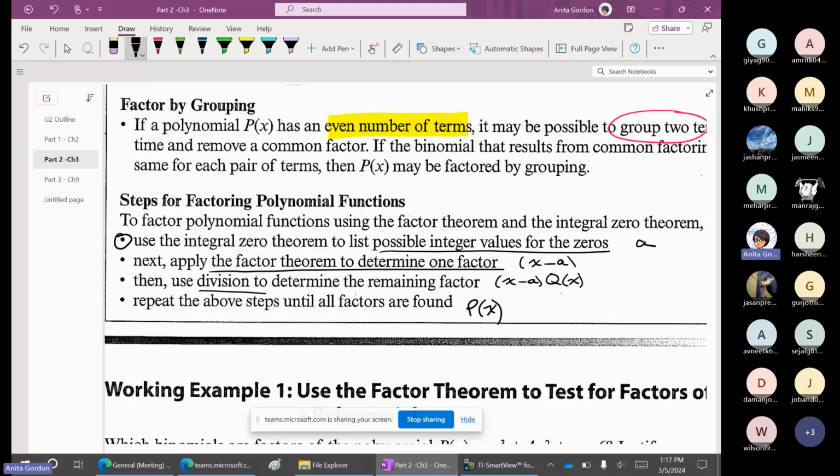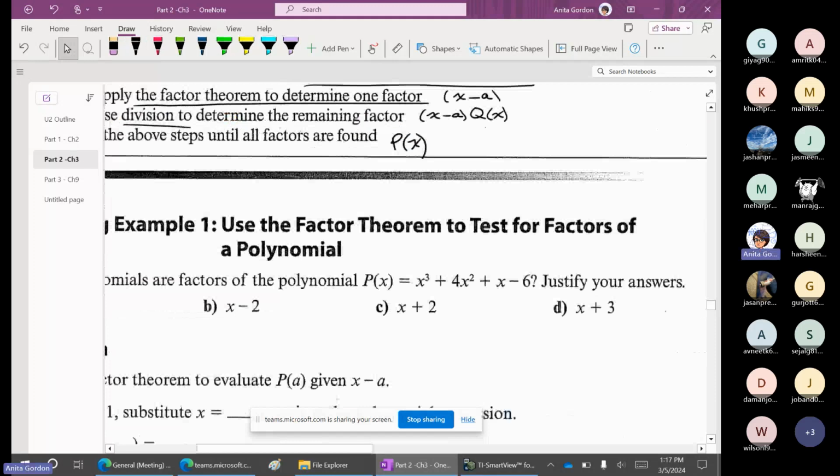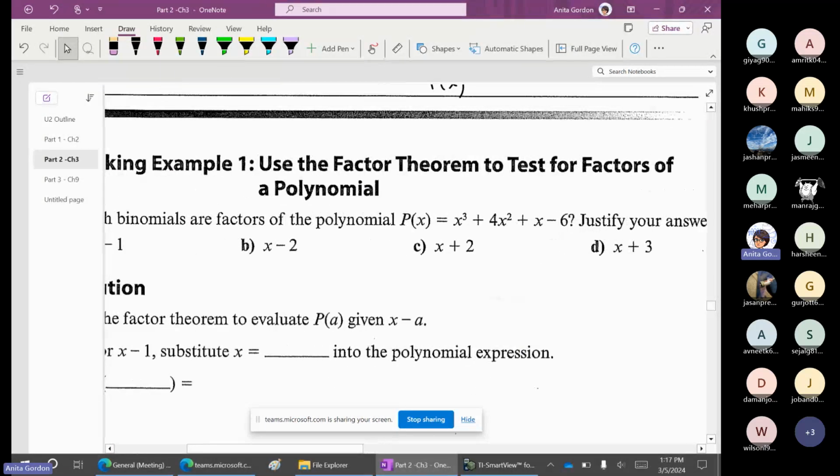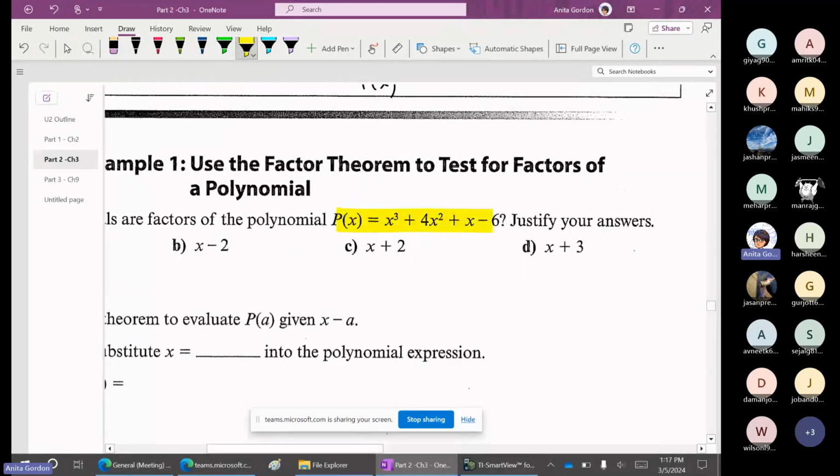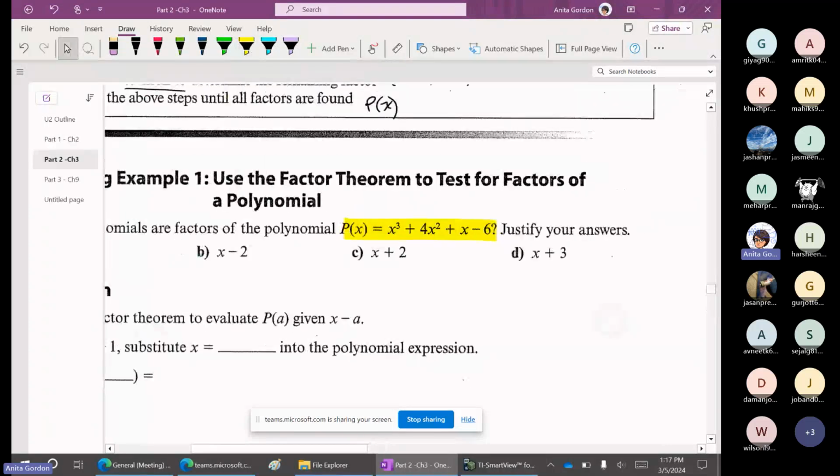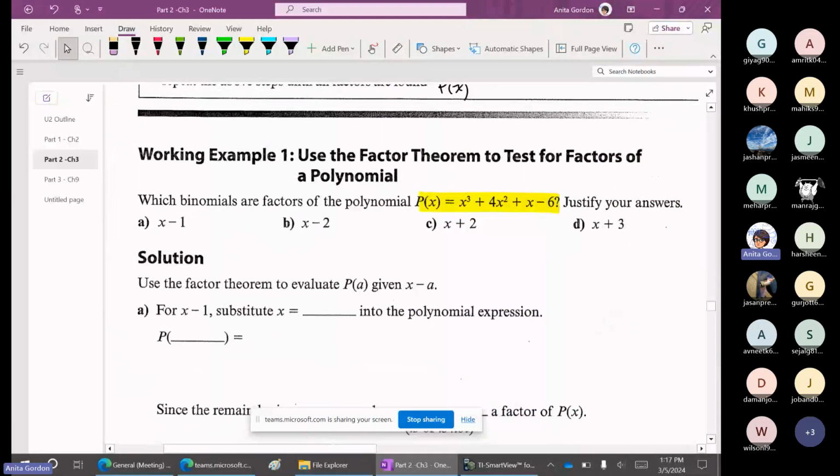So in our first example, we are given a polynomial, and it is x cubed plus 4x squared plus x minus 6. So I look at my constant. It is negative 6. What are the factors of 6? 3 and 2 are two possible factors.